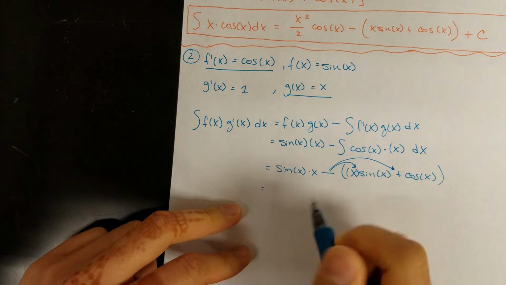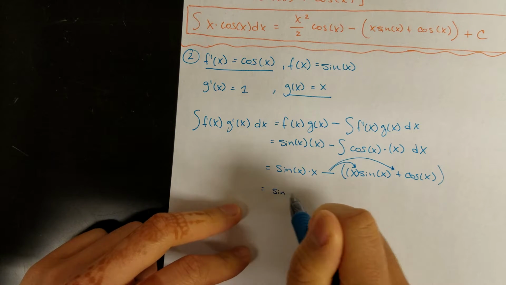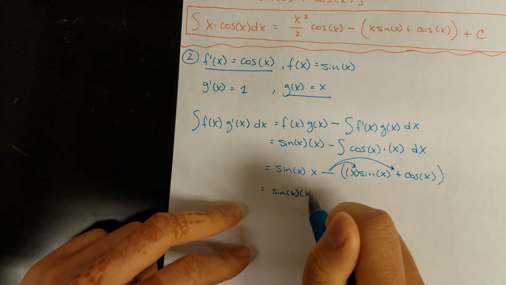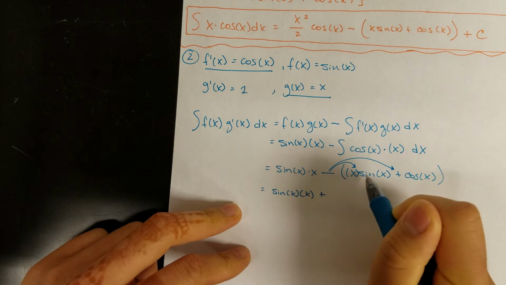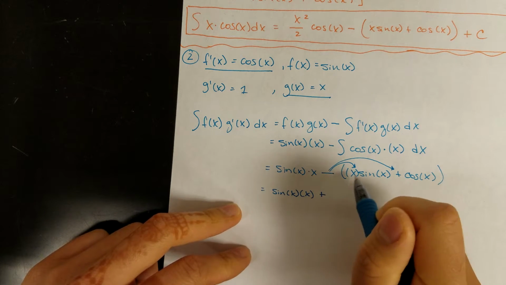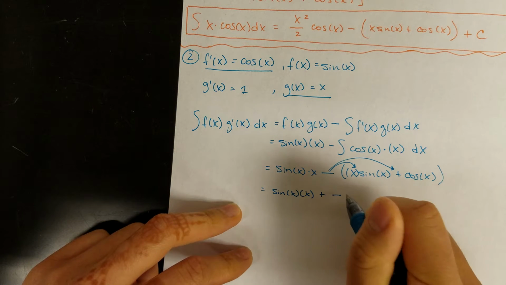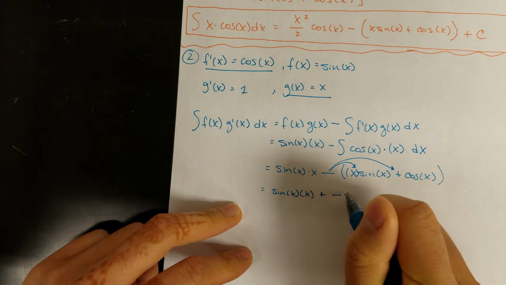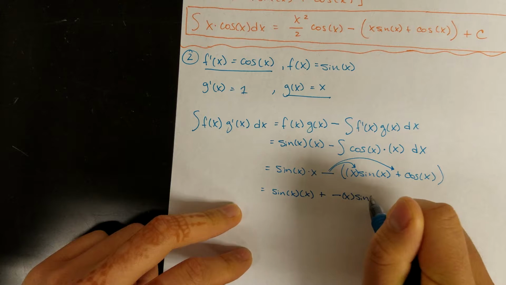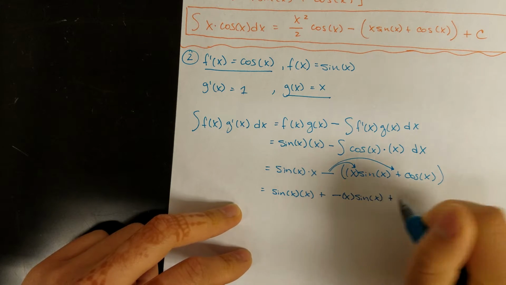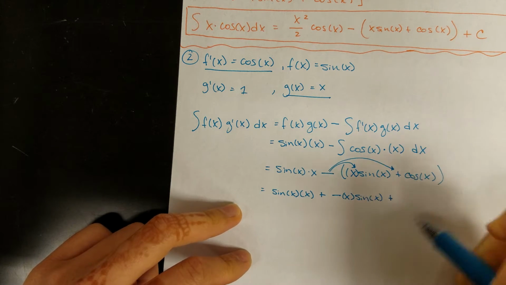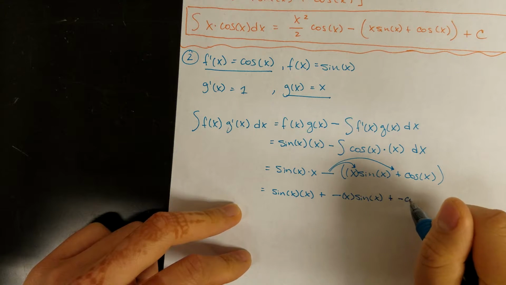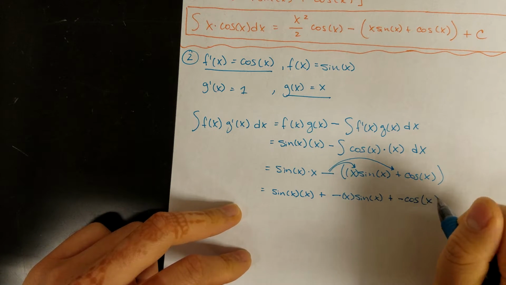So then we can again rewrite it as sine x plus negative x sine x plus, again, negative cosine x.